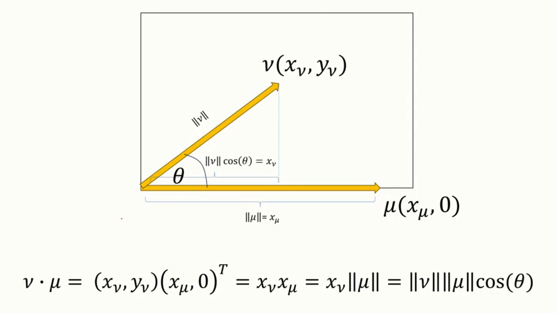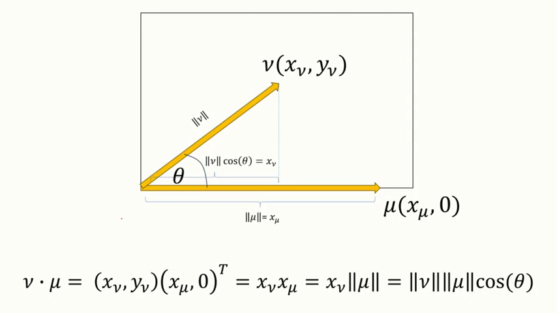So this value here, x of nu, equals cosine theta times its norm. Is that right? Okay.